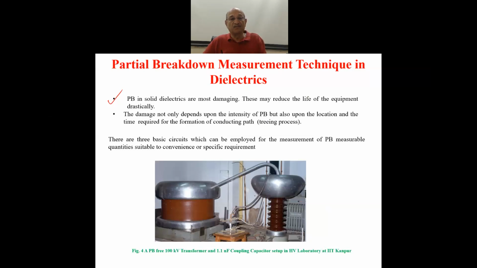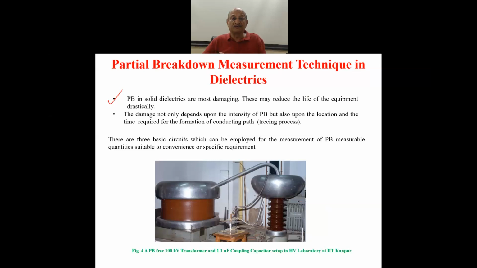But it is more proper to term it, the exact terminology is partial breakdown or local breakdown, the breakdown which does not bridge the two electrodes where it is taking place. So PB is a more appropriate terminology for the partial discharge, hitherto more spoken, more prevalent in the world.